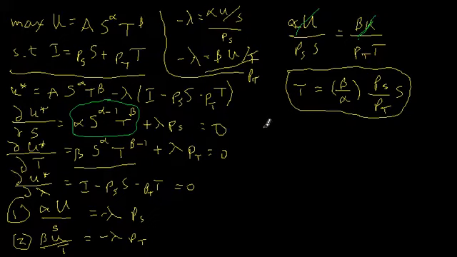So the income constraint I is equal to PS S plus PT times T, but we know T is equal to beta over alpha times PS over PT times S.